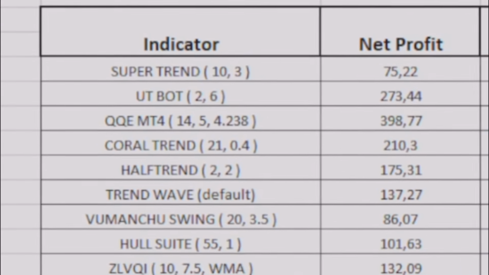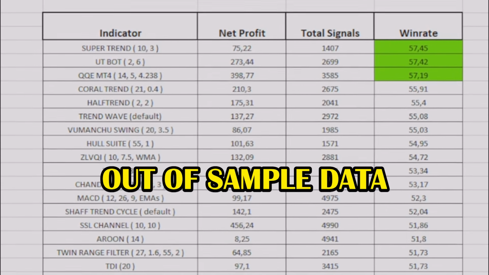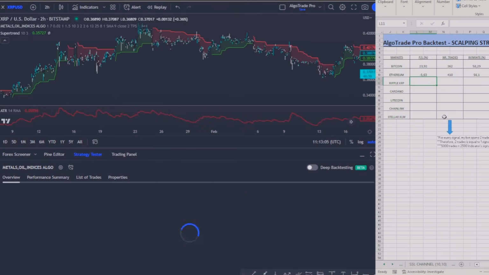Now, to find which one of these 3 indicators is the most consistent, I'm going to apply them to my out of sample data. I will do it again using my backtesting bot, and I will be right back.